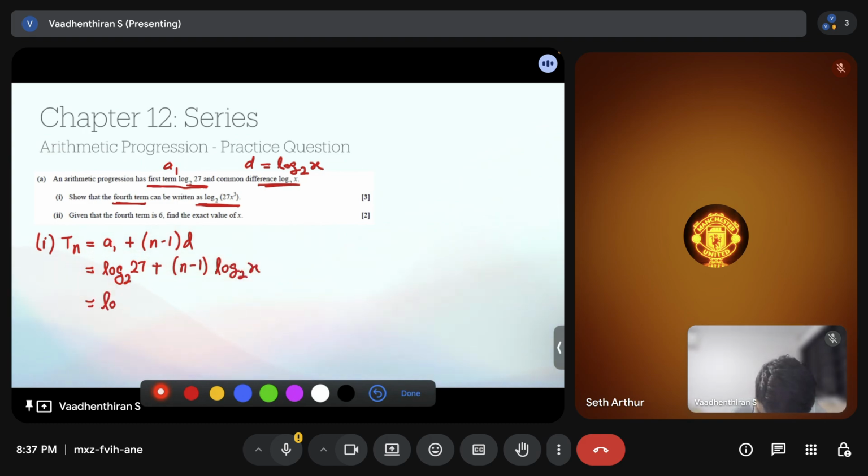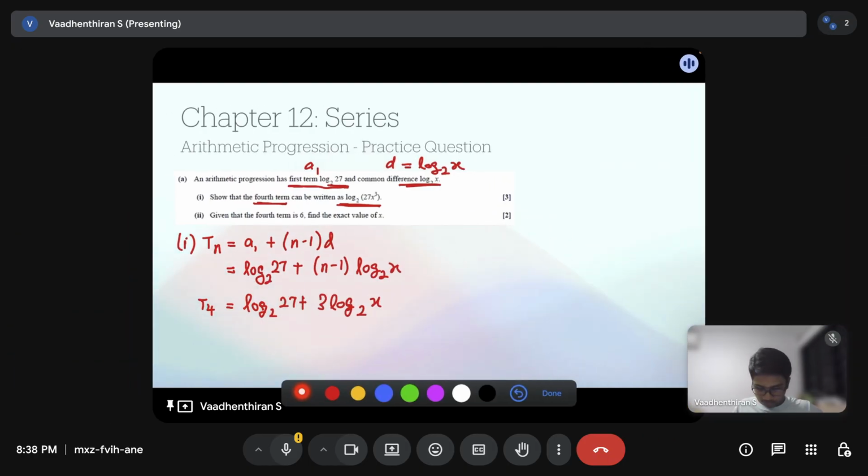So then you can just leave it as it is first. Then you can say the fourth term will be log 2 27 plus 3 log 2x. No, wait, sorry. Fourth term, you write it in the other form. Yeah, it should be like that. Okay, sorry. It's 3 log 2x. So then they're asking you to convert it into this.